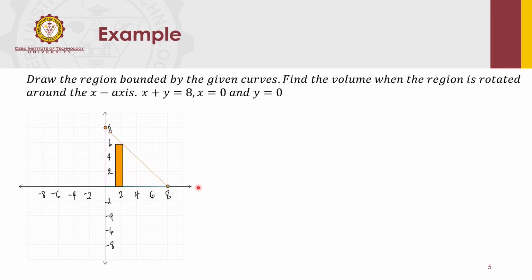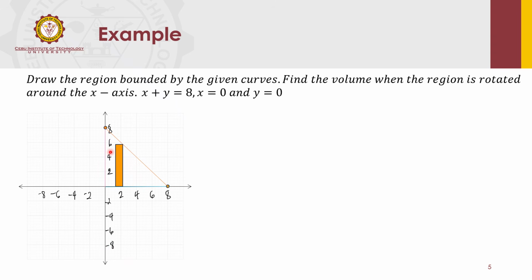Going back to this illustration, if we're going to rotate this around the x-axis, the region, in a two-dimensional context, is a triangle extended on the fourth quadrant, forming another triangle.